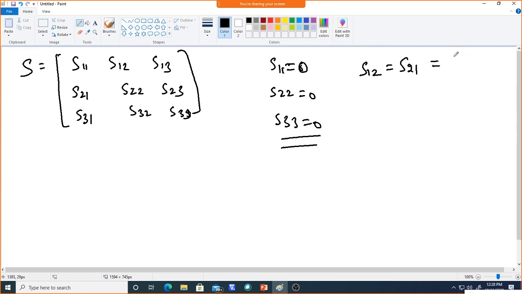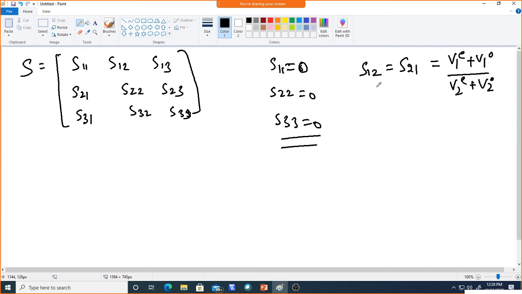So this will be nothing but the voltages which we found in the even mode and odd mode analysis, that is V1E plus V1 odd divided by V2E plus V2 odd.